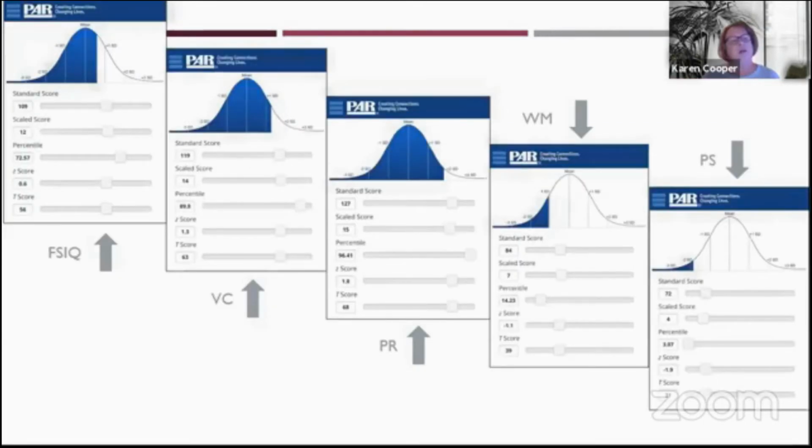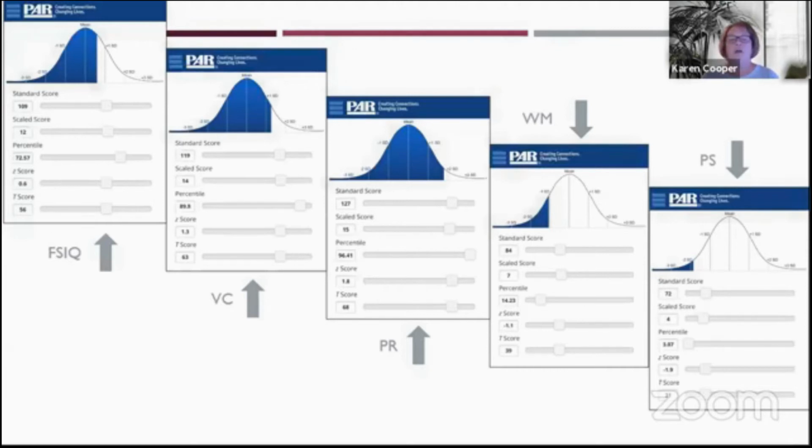So these are pictures of the separate indexes and his full scale IQ when we look at a bell curve chart. And by the way, this is a tool that you can use. It's called PAR Toolkit, P-A-R Toolkit, and it helps you understand what those numbers mean. It compares standard scores, scaled scores, percentile rank, Z-scores, and T-scores.